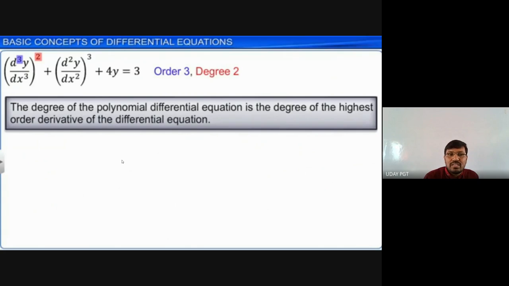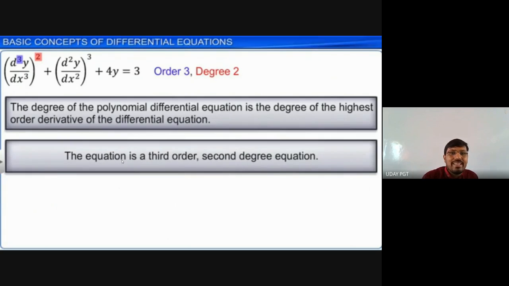So that's why the order is 3 here. And the power of this highest derivative is the degree. Suppose you have d cube y by dx cube whole square, then the degree is 2. So that equation is a third order second degree differential equation.